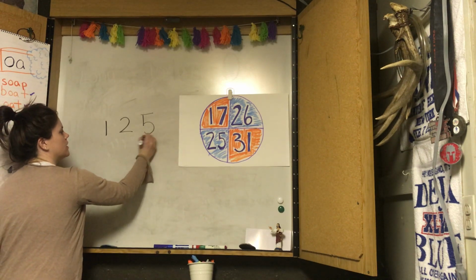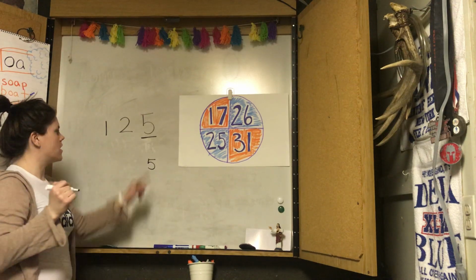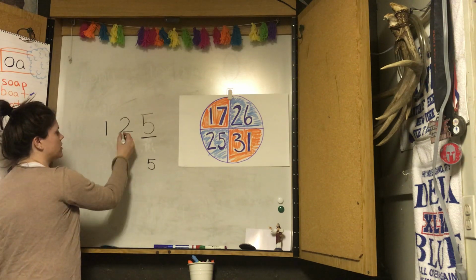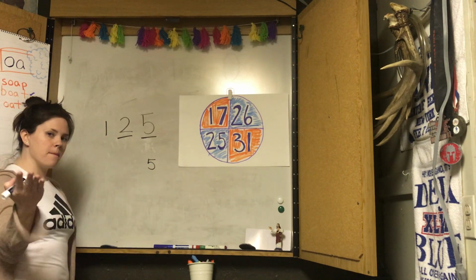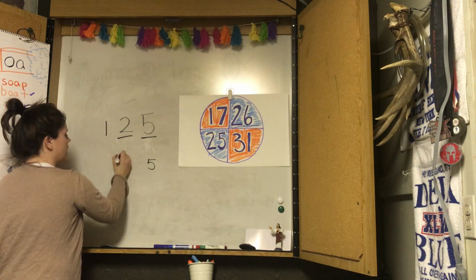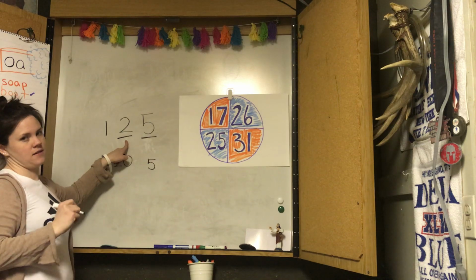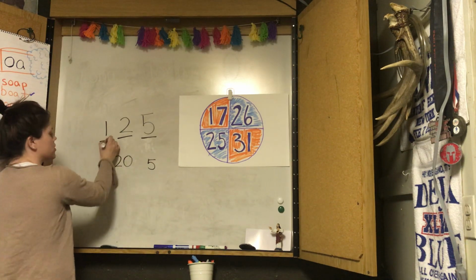So let's look. I know that the value of this 5 is 5 because it's in the ones place. I know that the value of this 2 is really what? 20. Because it is in the tens place. Our third digit, the 1, is in the 100s place.